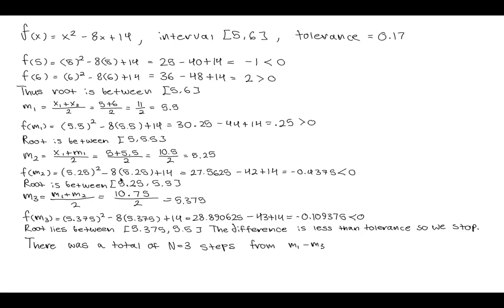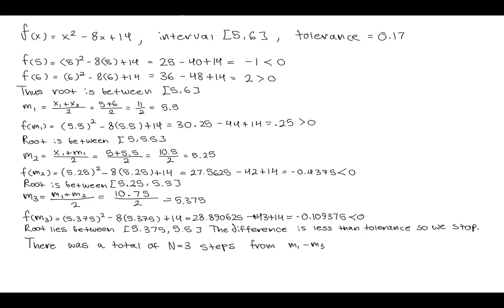So continuing onwards, we calculate the midpoint between 5.5 and 5.25. So m1 plus m2, it's 10.75 divided by 2. We go ahead and plug that midpoint, number 3, back into our formula, and we get a number that's still smaller than 0.